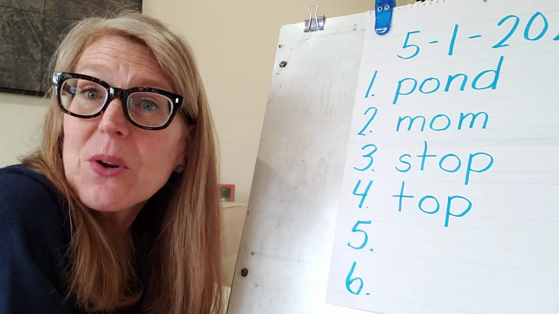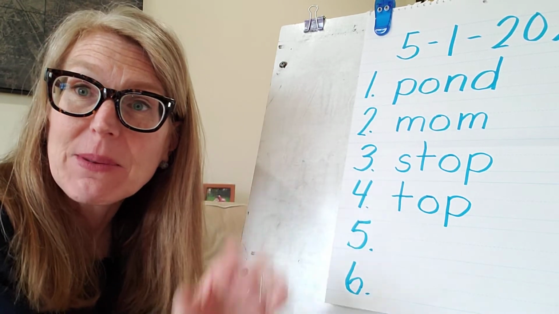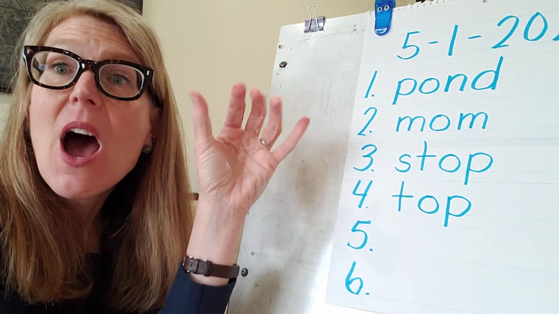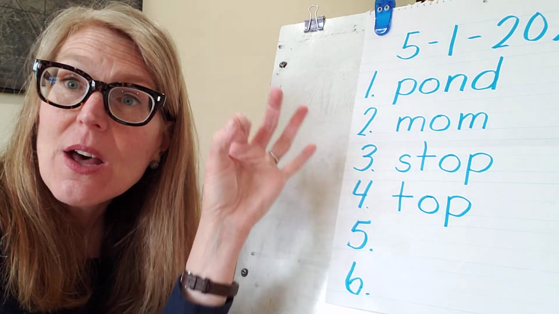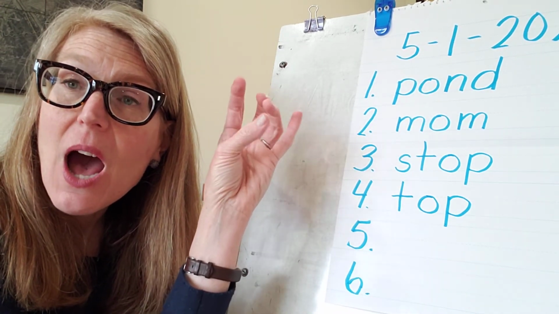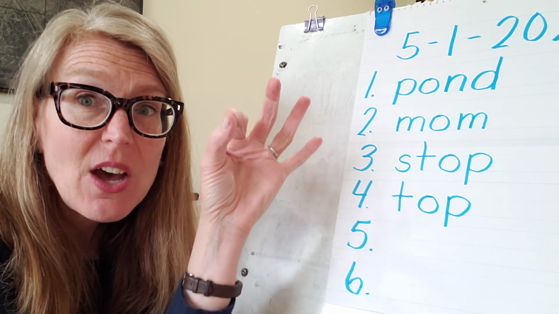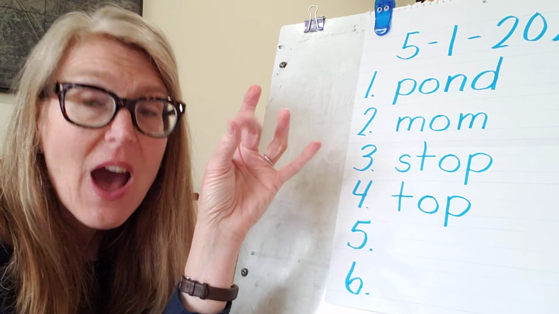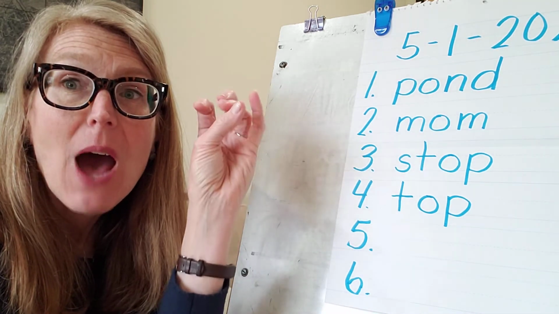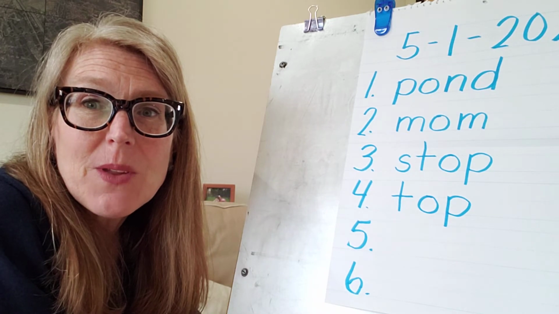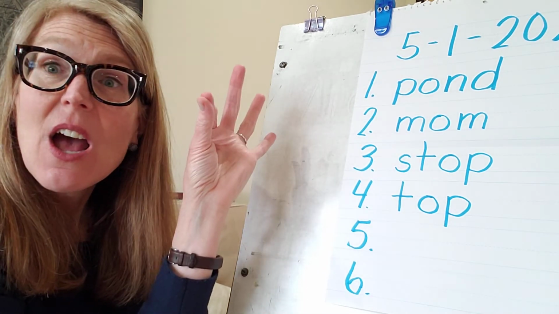All right, put your finger on number 5. This time I want to write the word hop. Hop. Let's tap it out. Hop. Okay, write those letters that go with those sounds. Okay, I'm going to go ahead and start.